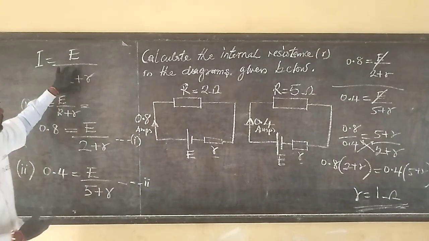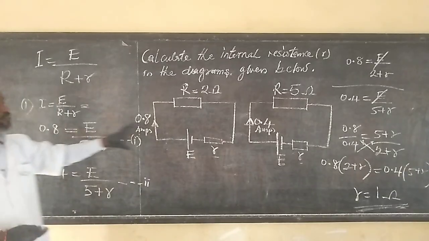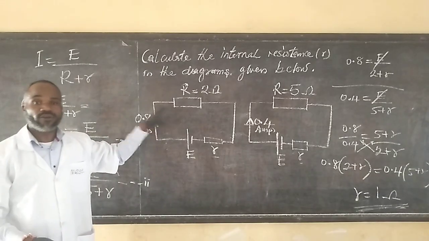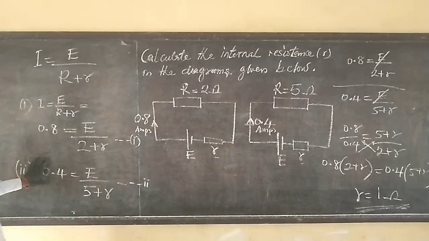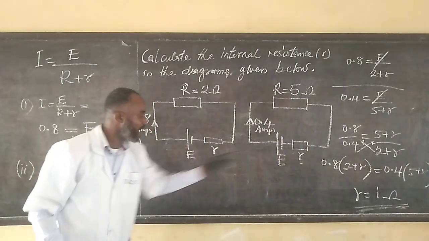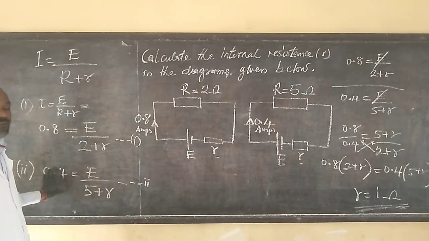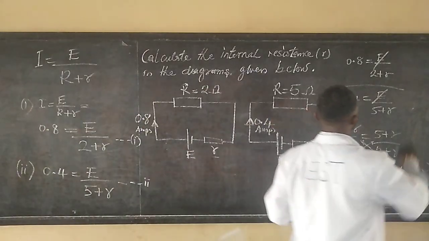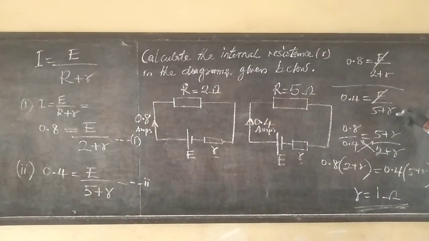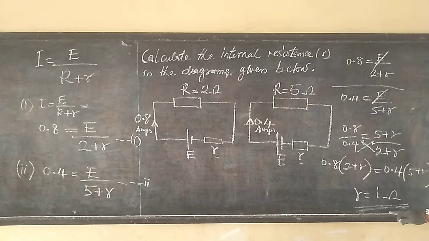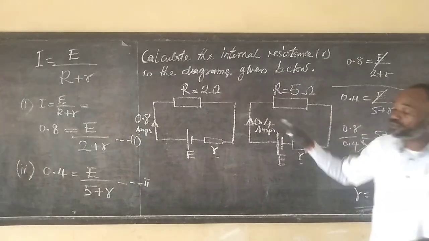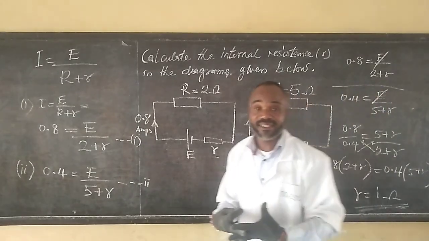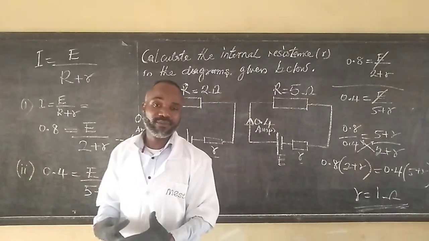Define it for diagram number 1, and also for diagram number 2. After which, divide equation number 1 by equation number 2. Further simplification yields the answer, which is 1 ohm. So the internal resistance of these two circuits, when combined, is just 1 ohm.